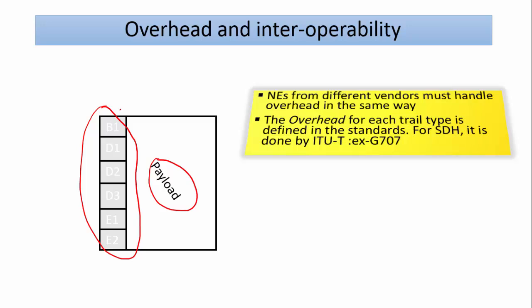If they're not defined through standards like G.707, and every vendor or operator uses the definition of these bytes differently, then it is very difficult to have interoperability between multiple vendors' equipments. So standardization of overhead is very important, which is supported through standards by ITU-T for SDH.